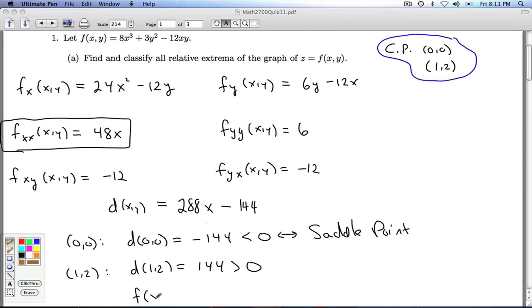So fxx at (1, 2) is 48. And that's also bigger than 0. So you put these two facts together, that means we got ourselves a relative minimum. And so that'll do it for part A.